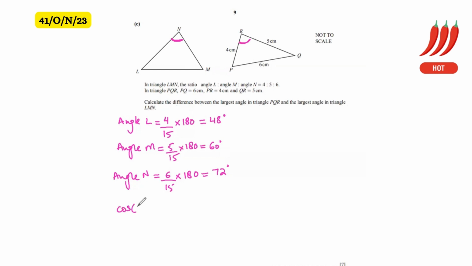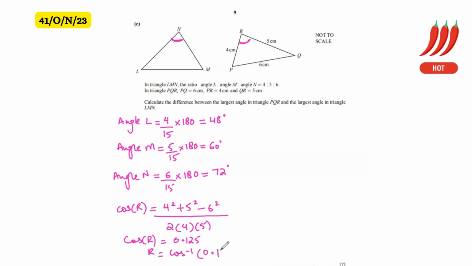So cos of R would be 4 square plus 5 square minus 6 square divided by 2 times 4 and 5. That's going to give us 0.125. So R is going to be cos inverse of 0.125, which is 82.8 degrees.